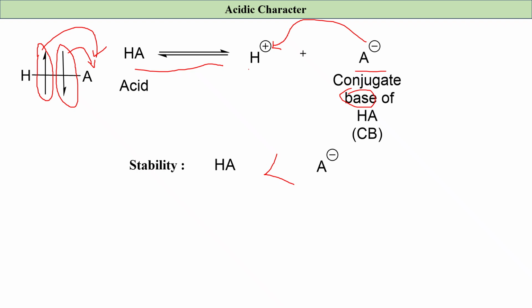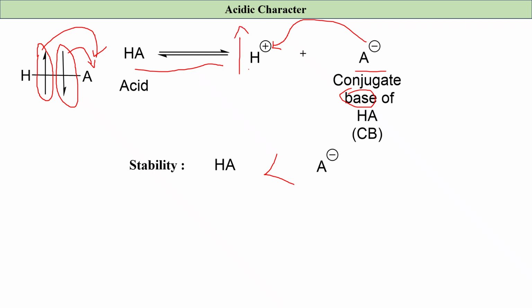When the two electrons go to A, H plus is generated. That means when it is becoming A minus, H plus is simultaneously being formed. So when A minus is more stable, more H plus will be released.